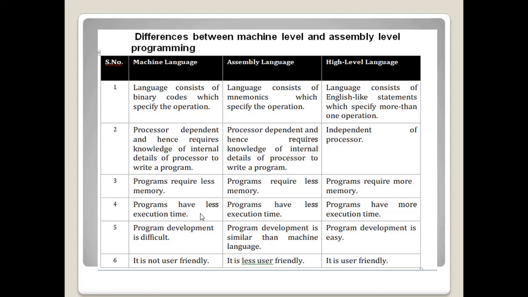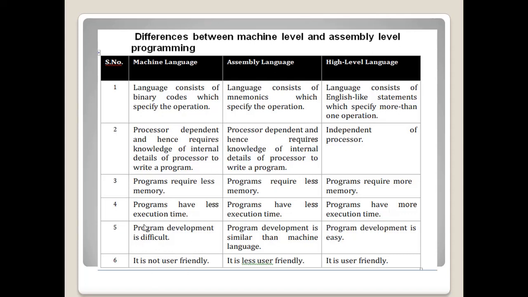As the instructions are in the form of zeros and ones and require less memory, similarly they take less time to execute. In assembly language also it takes less time to execute the program. Whereas in the case of high level language, programs have more execution time.